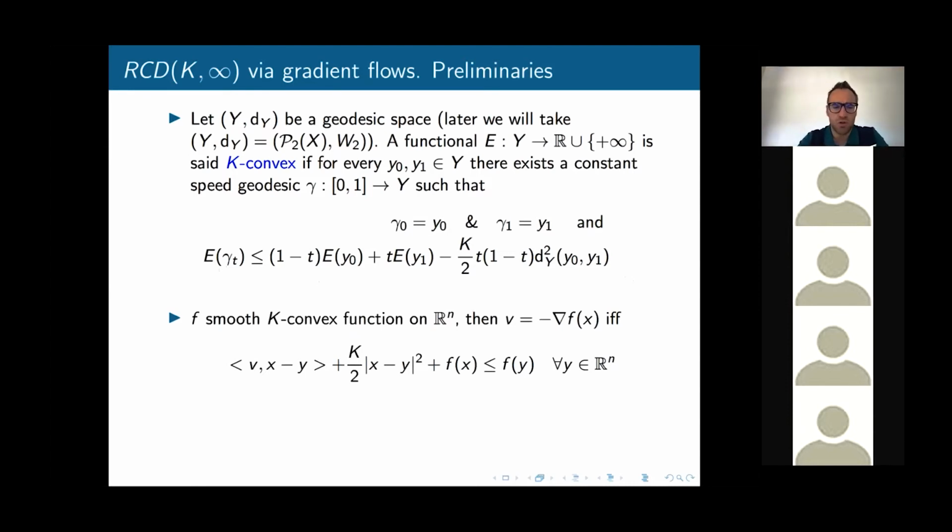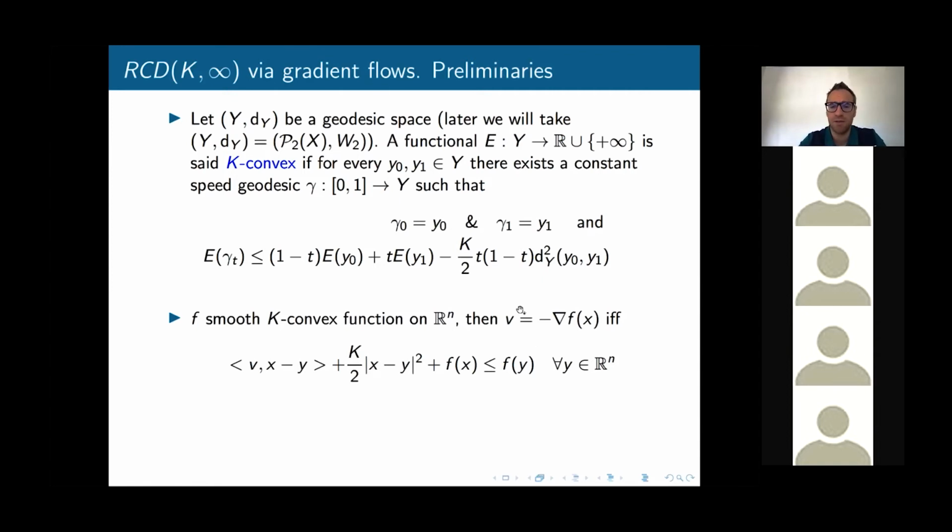Now, a key observation. Consider as metric space R^n, so we are back home with our old friend R^n, and we consider a smooth K-convex function. If f is a K-convex function on R^n, then we want to characterize minus the gradient at some point x.